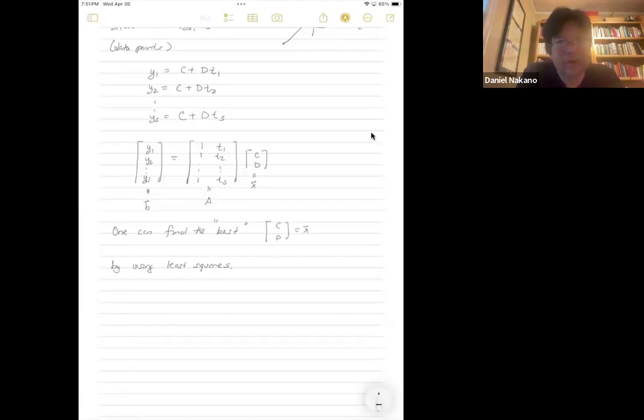If you know how to do least squares, you can just set this up and then solve it using the least squares method. Don't have to memorize the formula, just do it.